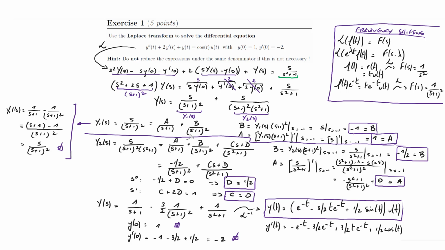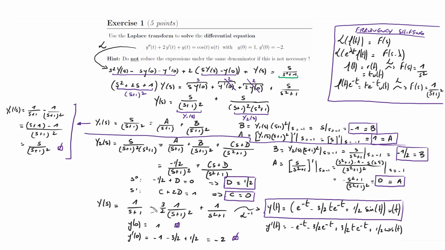Okay, so we can put everything together. We have y of s. So this one leads to this one. A is equal to 1. This one is minus 1. You also have a term coming from this one, minus a half.